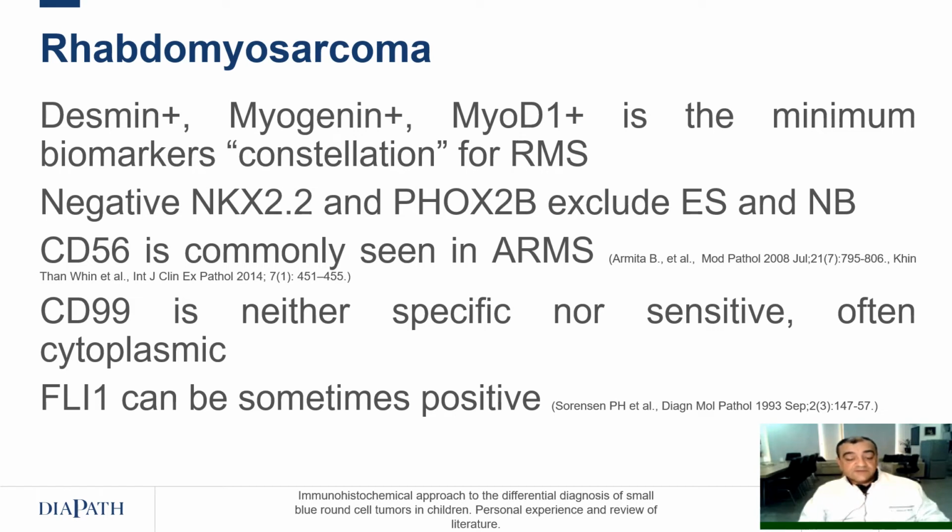I found very interesting research data and a publication from the early 90s of the last century that shows FLI1 positivity in rhabdomyosarcoma, possibly highlighting very specific genetic abnormalities and translocation in those cases with involvement of the FOXA gene and FLI1 gene.